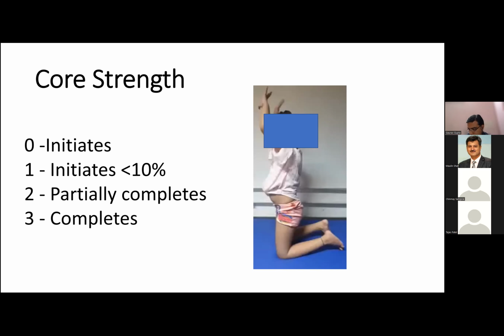The children who have poor selective control have problems in dissociating movements, especially hip flexion, extension, abduction, adduction. When we ask them to move any single limb or dissociate inter or intra limb movement, they co-activate everything together.